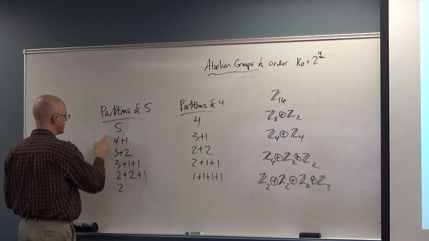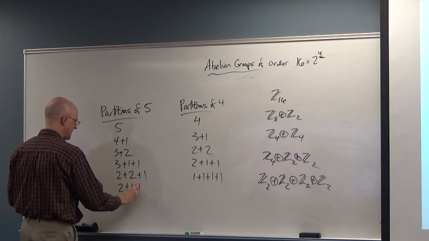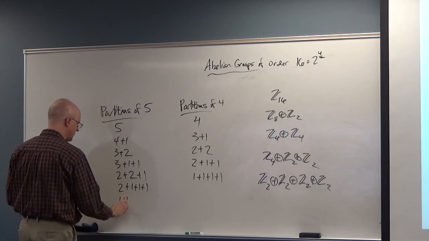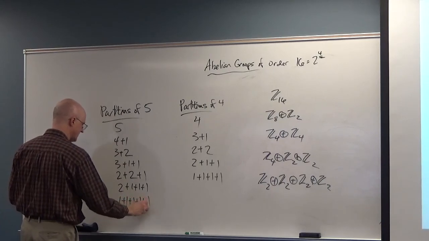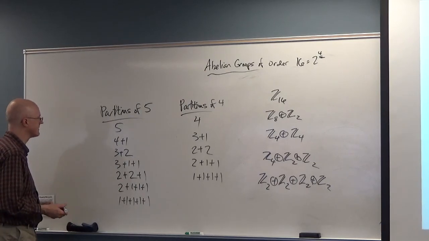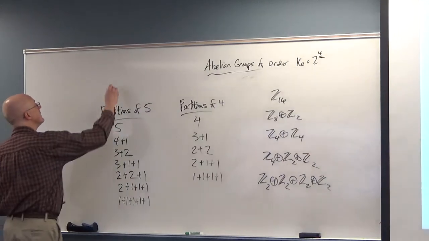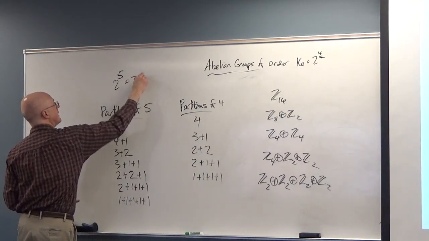And 1, 2, 3, 4, 5, 6. There's that. And then there's 1 plus 1 plus 1 plus 1 plus 1. 1, 2, 3, 4, 5, 6, 7 partitions of 5. There would be 7 abelian groups of order 32 because of that.